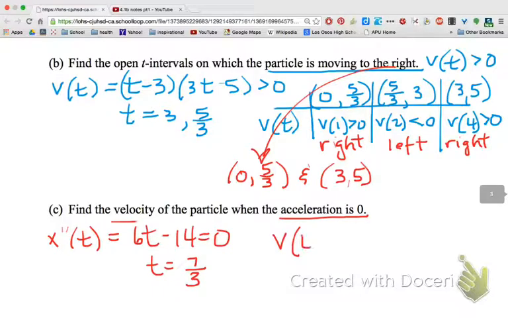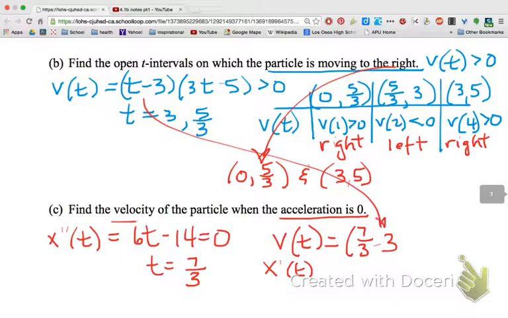So the velocity, we could call it x prime. At that time is, so t minus 7/3, just kidding, other way around. Silly Torres. Let's try that again. 7/3 minus 3, there's the first parentheses, and 3 times 7/3 minus 5.